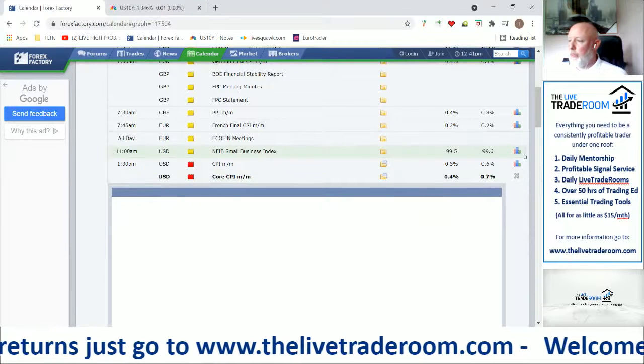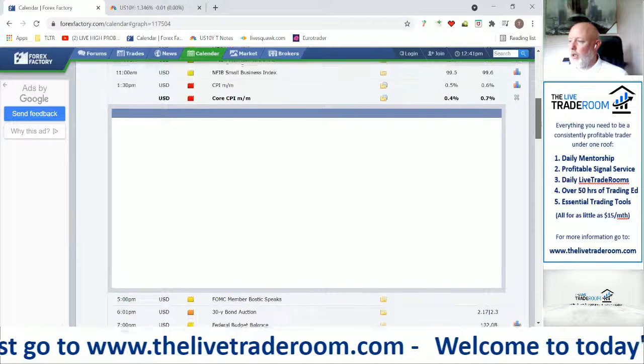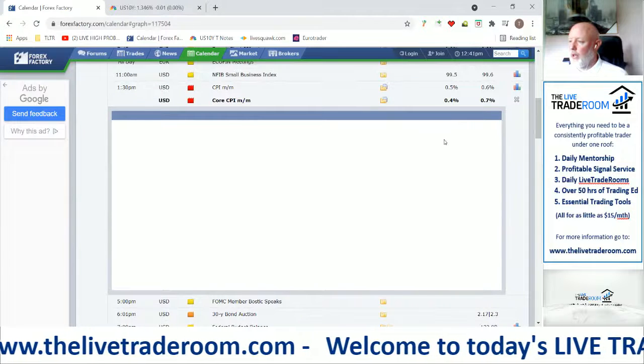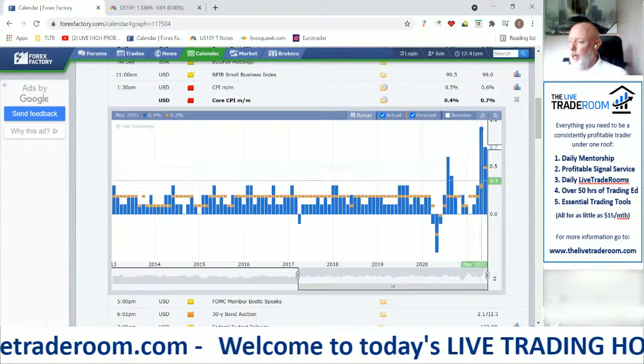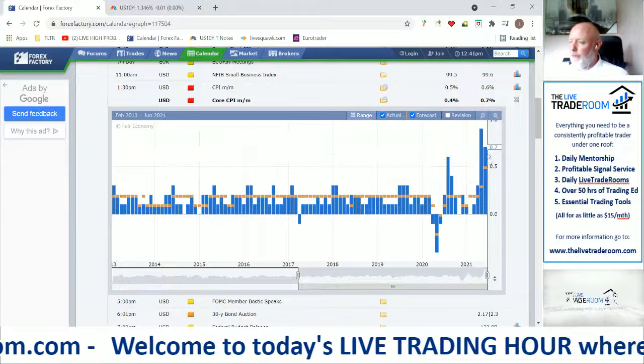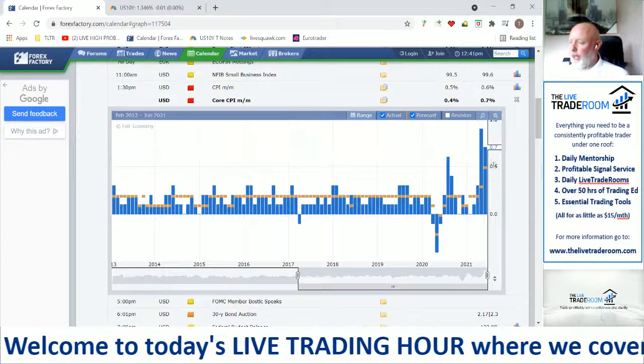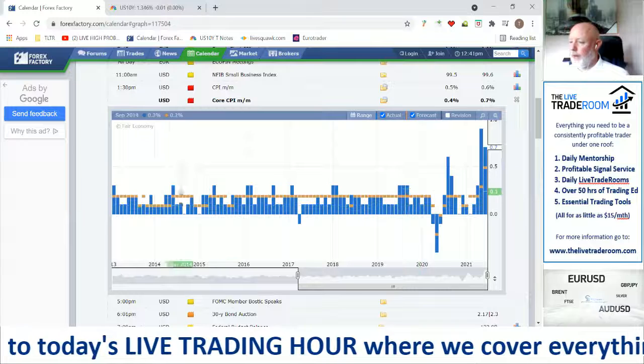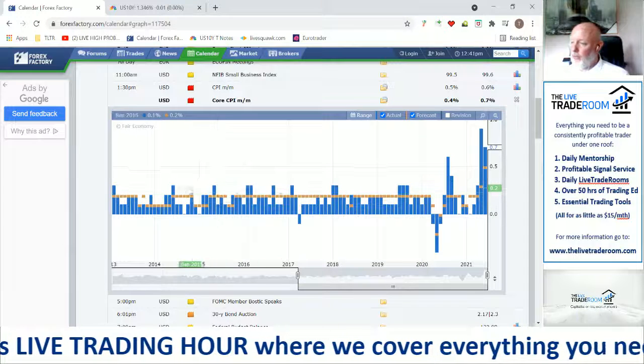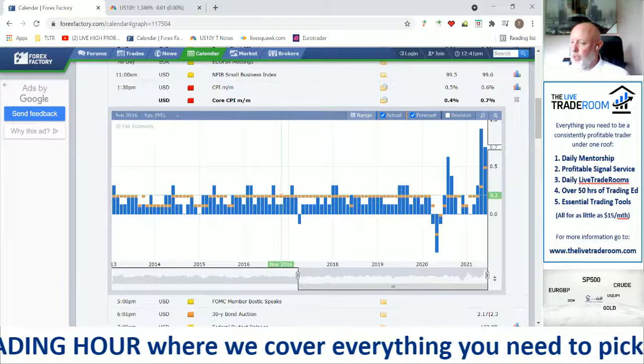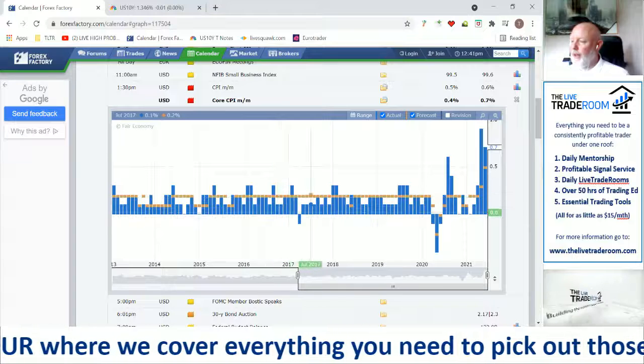If you look at the core CPI figure, if it will show the map, yeah, there we go. A significant uptick in the last couple of months, from a relatively low average base, 0.2, 0.3, something around that.